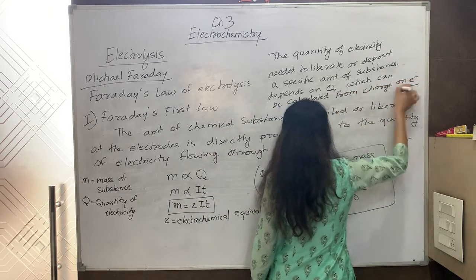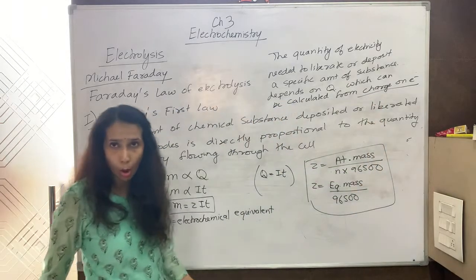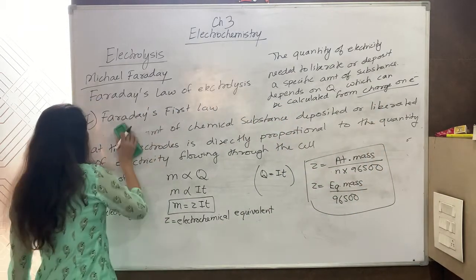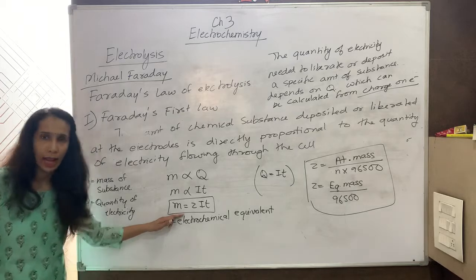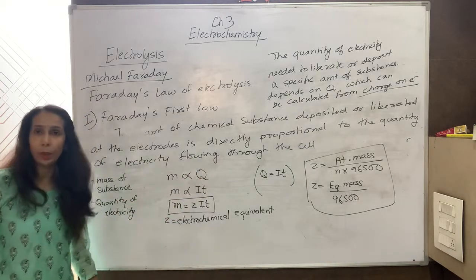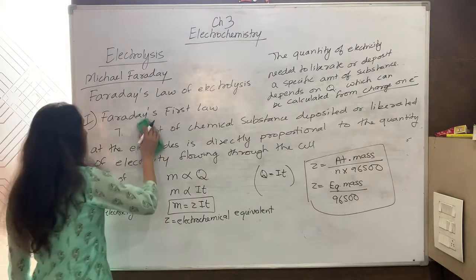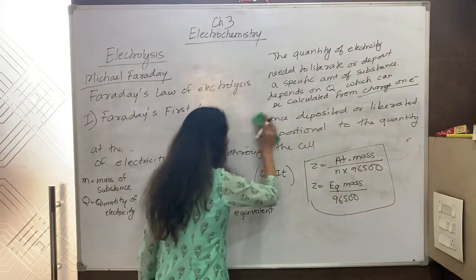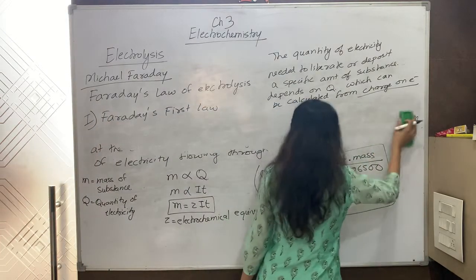Why from charge of electrons? Because actually electrons carry the current. So one method is this, I can determine Q is equal to I into T. Another method to determine Q is from the charge on electrons.